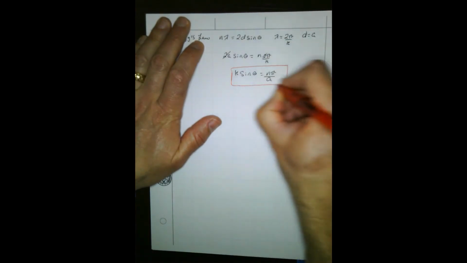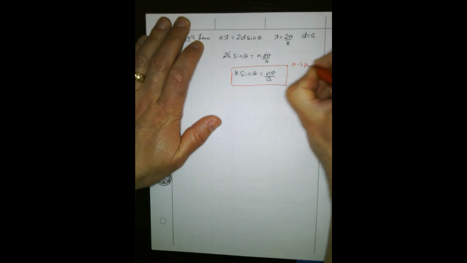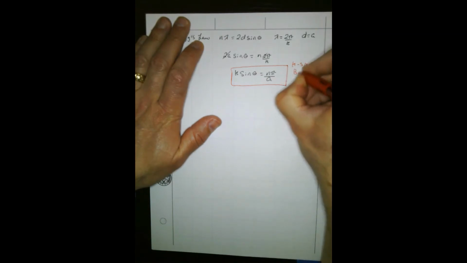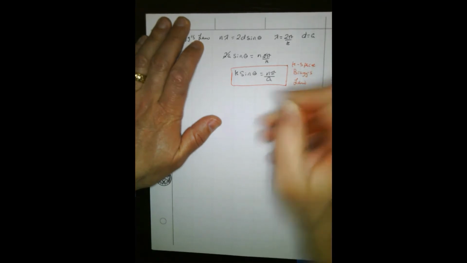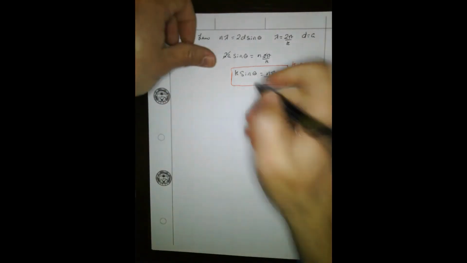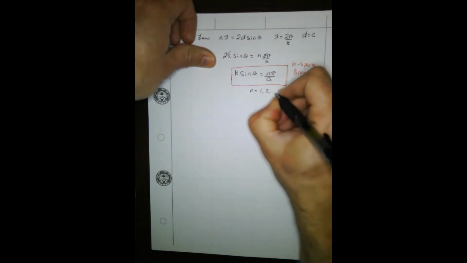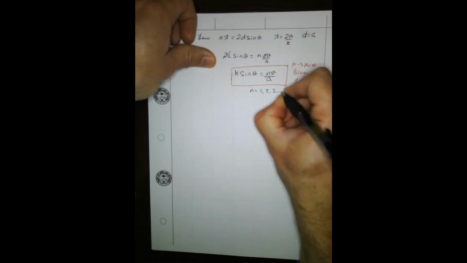We can call it k-space Bragg's law, an integerized Bragg's law, where n equals 1, 2, 3, etc. So it's an integer.